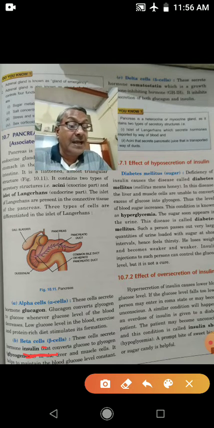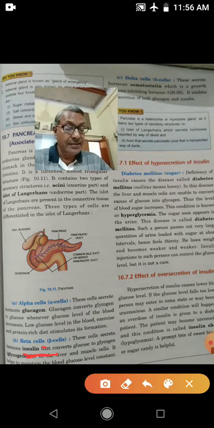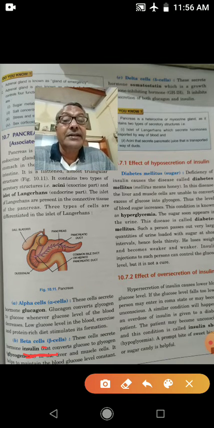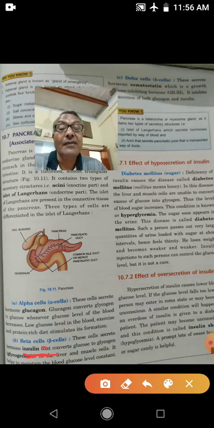So when the level of glucose in the blood increases, it helps to maintain the blood glucose level constant by converting excess of glucose into glycogen.